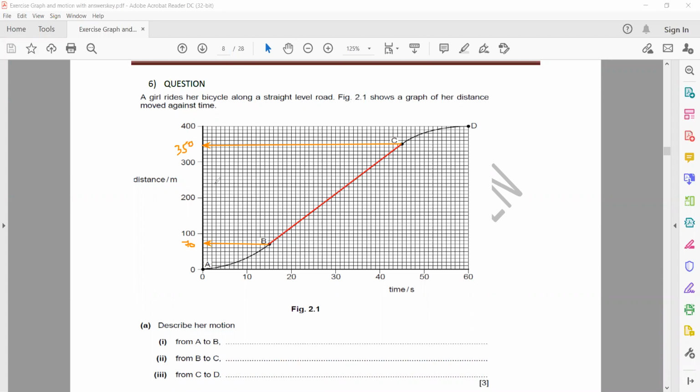So when it was at B, the distance was 70 meters. When it is at C, the distance traveled is 350 meters. So the distance traveled between B and C is 350 minus 70, which equals 280 meters.